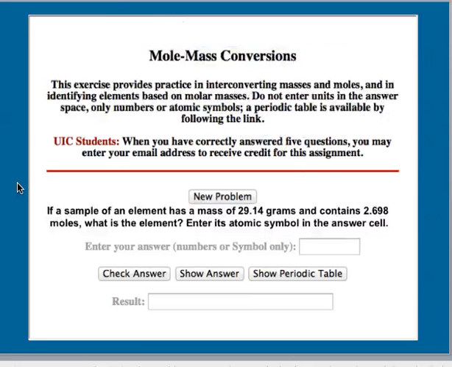Now here's a cute one. We have a sample of an element, and it weighs 29.14 grams. Don't know what the element is. But we know, somehow, that this contains 2.698 moles of that element. What's the element? All we have to do here is figure out the molar mass of the element. Then we look at our periodic table and try to match it.